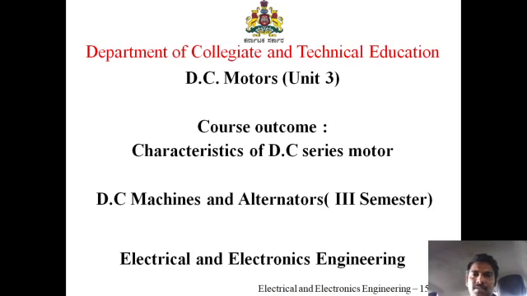motor. So as already we know, by studying the characteristics, we will come to know the performance of motors or the behavior of motors at different loading conditions. How the motor behaves, how it responds with respect to the change in loads.